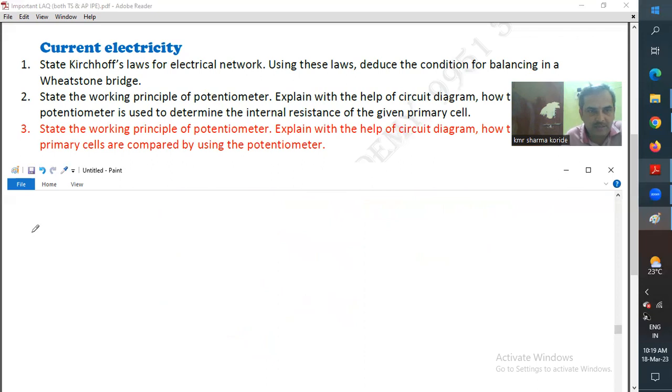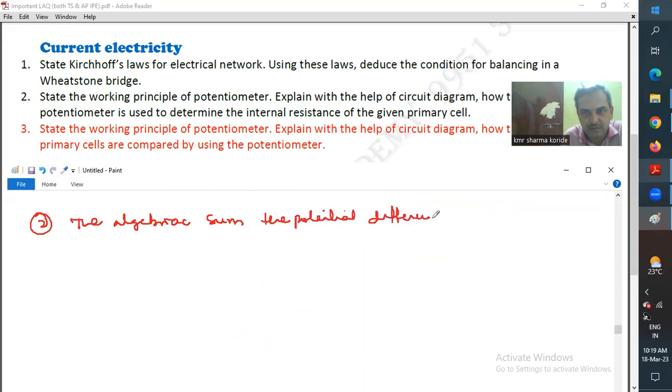Moving to the second statement, the algebraic sum of the potential differences around any closed path, or you can say closed mesh, is equal to 0.